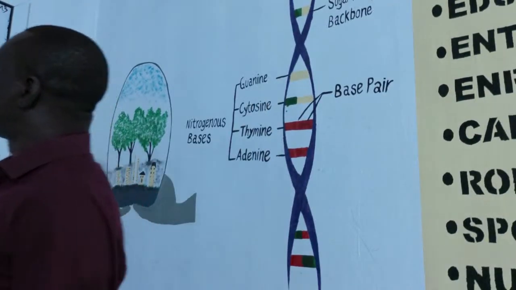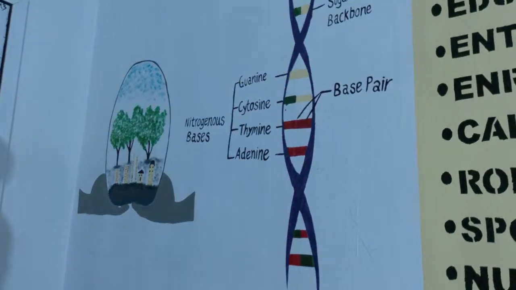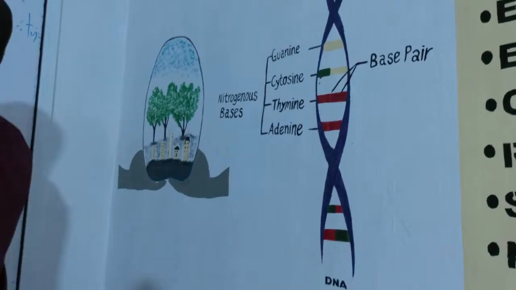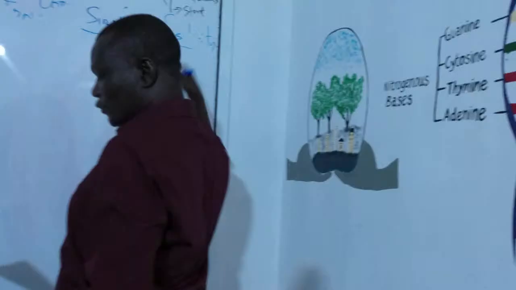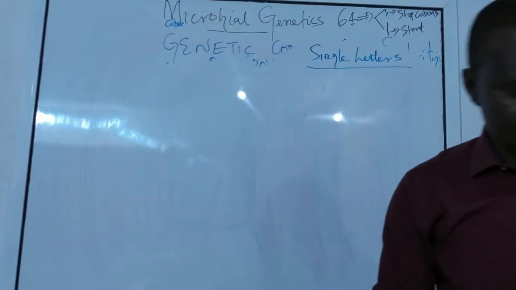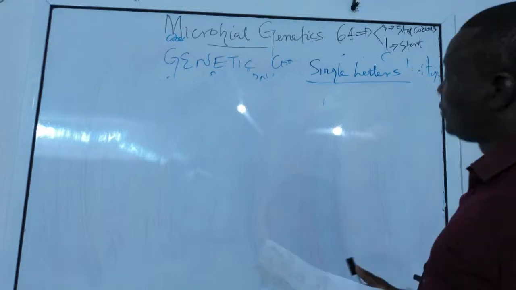Now, let's move to the next one, which is the single letter for amino acid. We have already known how you can combine three-letter words to know the amino acid each triplet will be coding for.